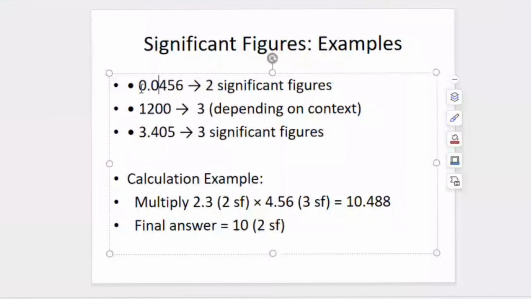So this is where the significant figure started from. So this is your first significant figure, and this is the second. If you're rounding this up, your final answer will then be 0.00, sorry, 0.046. That would have been your final answer. So the correct answer is 0.0046.